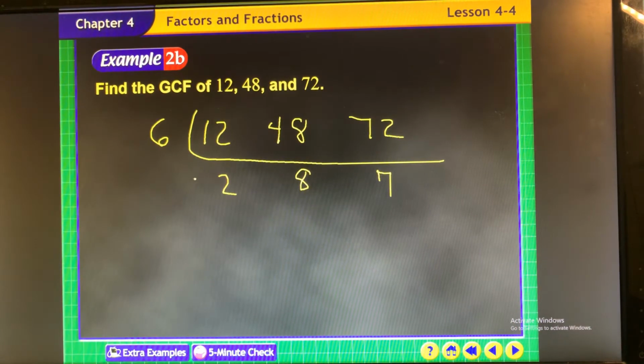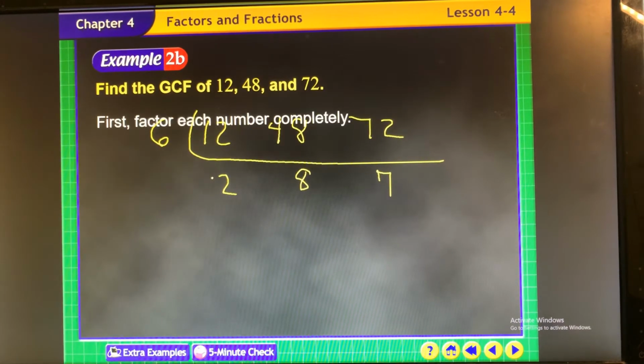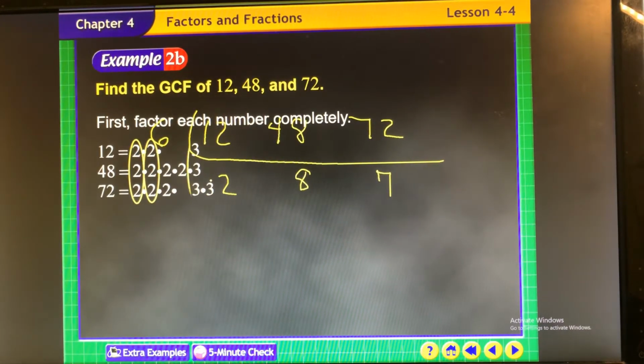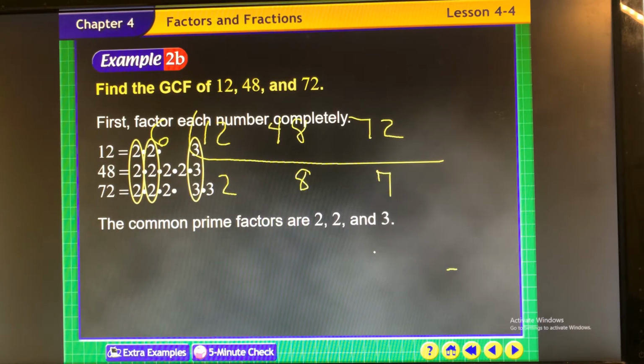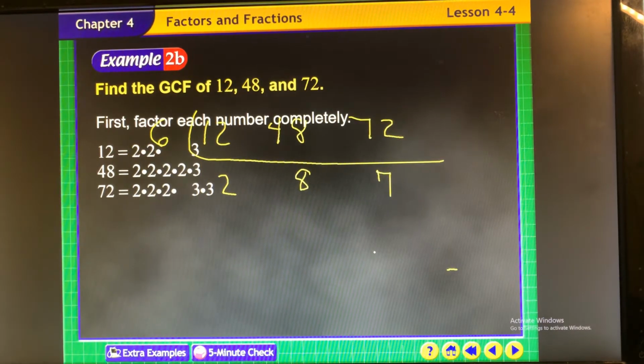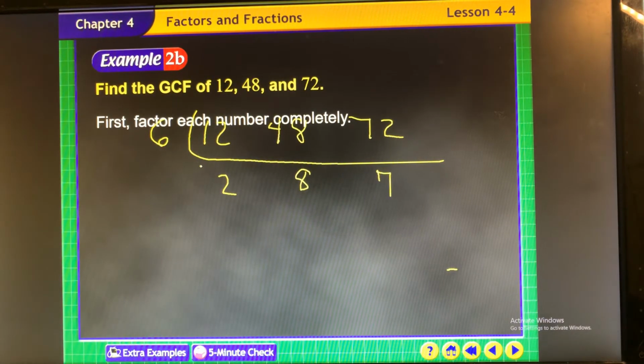Now, can you continue on, or is that your GCF and you're done? I'm showing you the process that they went through. Okay, so see how the answer is 12? Let me go back and show you what I meant by sometimes you have to continue caking right here.